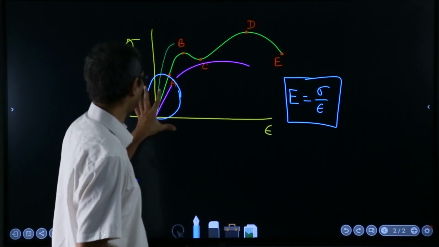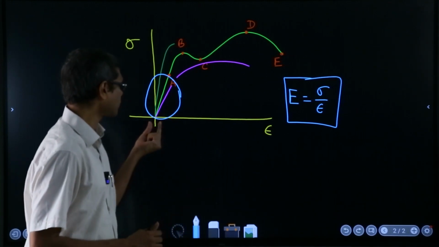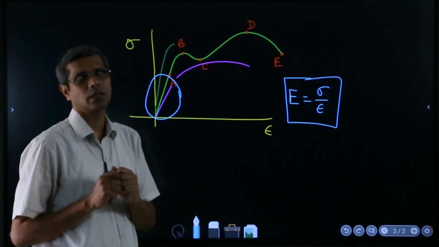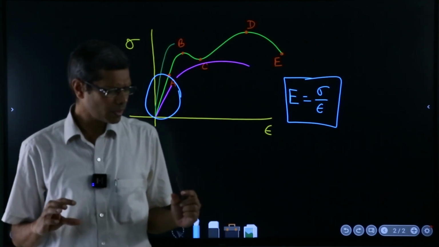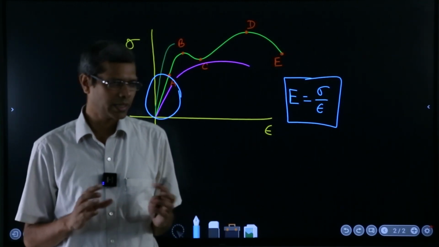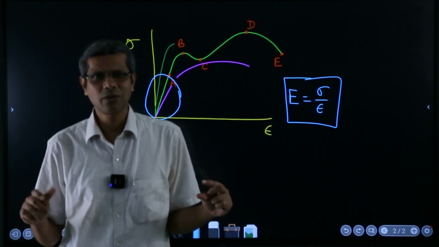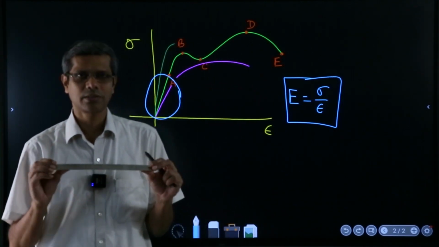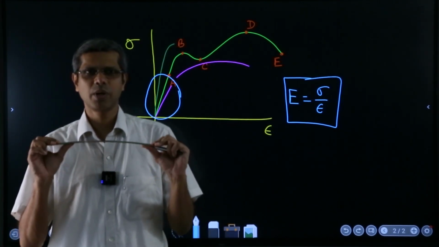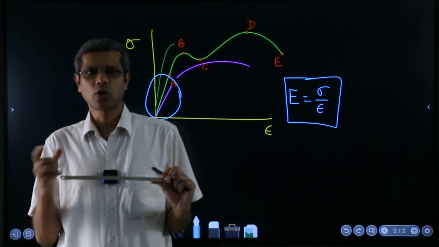But our focus will be in this zone, where the strain is very small. If you remember, I had told you that we are going to deal with materials or situations where they are a little bit flexible. When I took this ruler, this much bend is fine, but I am not bending it to make a coil out of it.